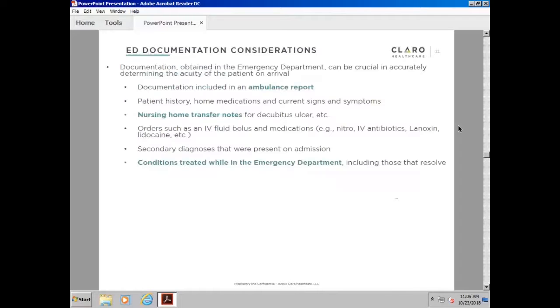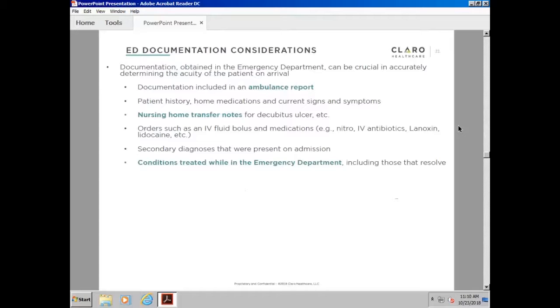So ED documentation, I finally got to the ED documentation considerations after all of that. Documentation included in the ambulance report. Sometimes we don't see that information, and your thought about what the ambulance saw, and a diagnosis based on that, or your description based on what the ambulance saw, especially for patients being transferred in, what did the previous hospital see?